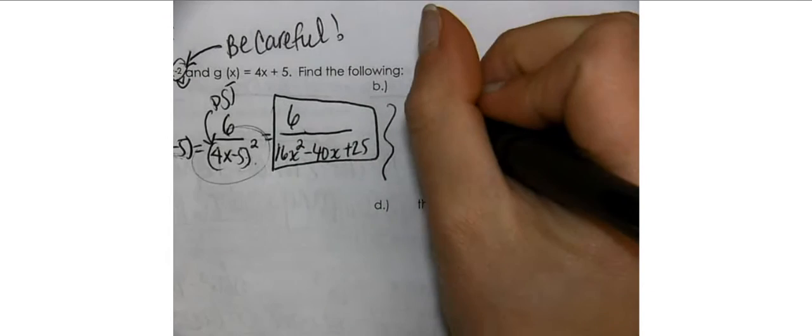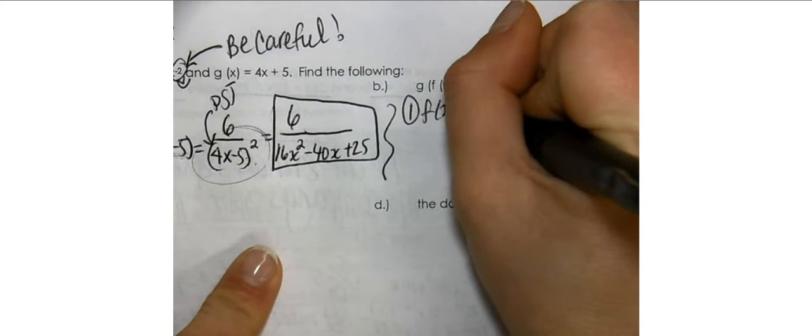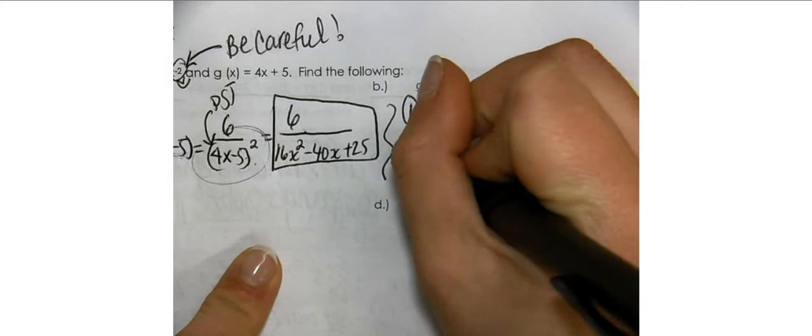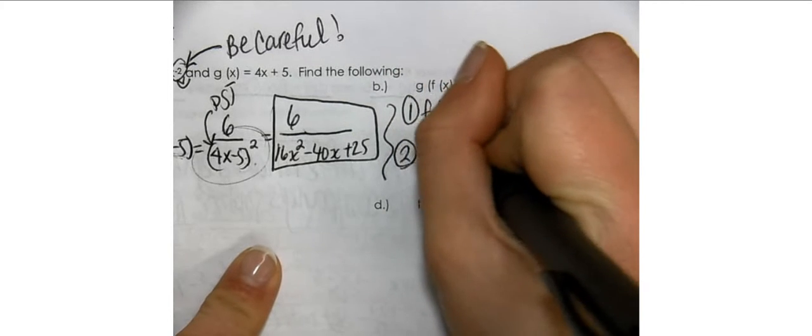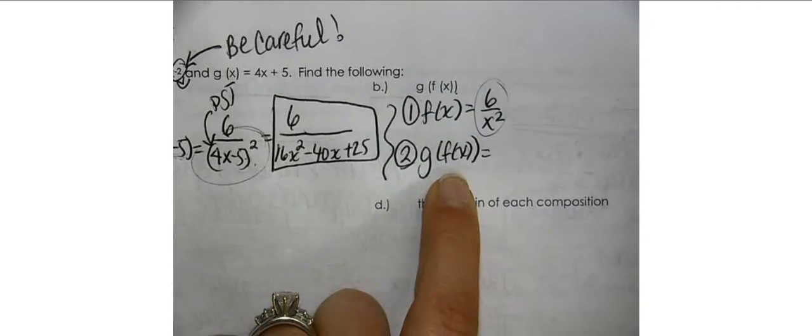Let's go ahead and look at letter B. For letter B, we have g of f of x. The first thing we want to do is identify what f of x is. f of x is 6 over x squared. Step 2, we want to find what g of f of x is, and I'm going to replace f of x with 6 over x squared.